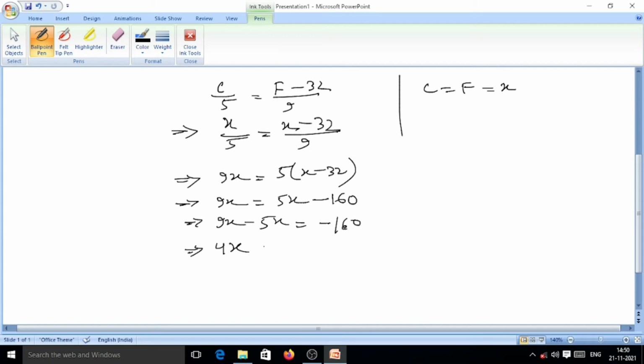Now 4x equal to minus 160. Now x equal to minus 160 by 4, means minus 40. So at minus 40 degrees Celsius, the Celsius and Fahrenheit readings both will be the same. Thank you.